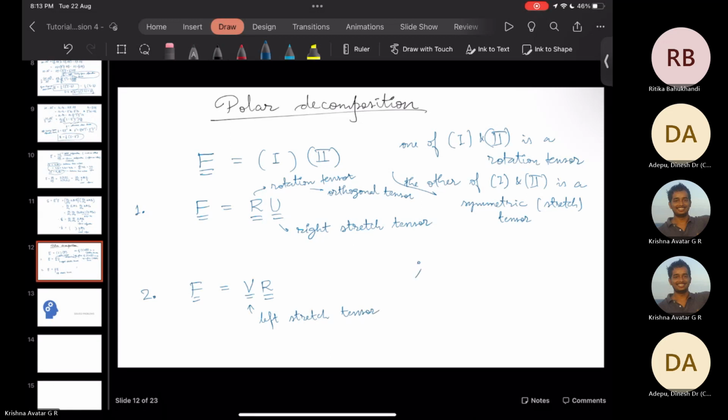And in both cases, R has the property that R into R transpose is equal to R transpose R is equal to the identity matrix. Fine. So this is the property of what we call orthogonal tensors, right?